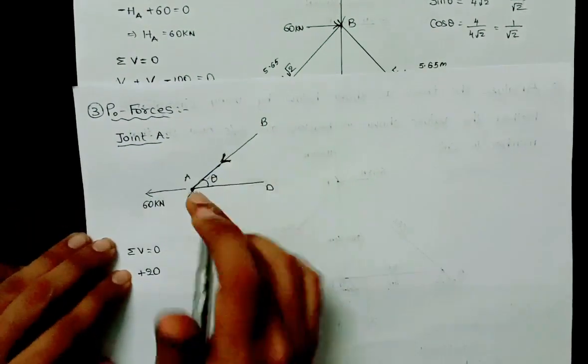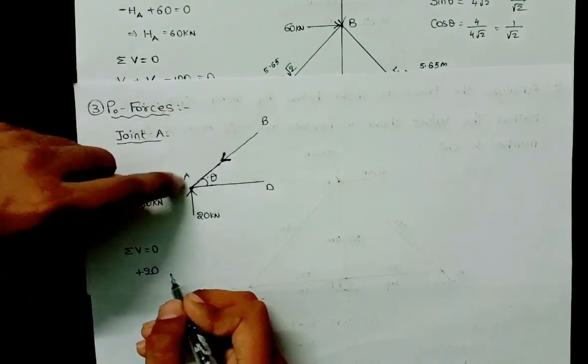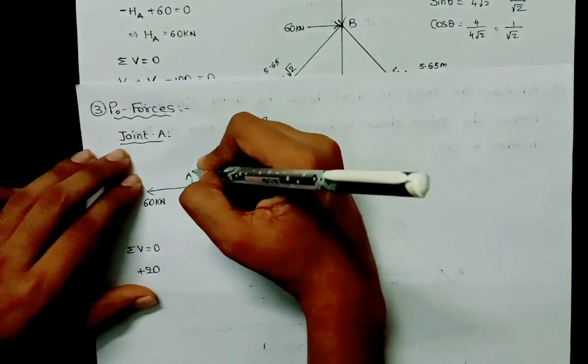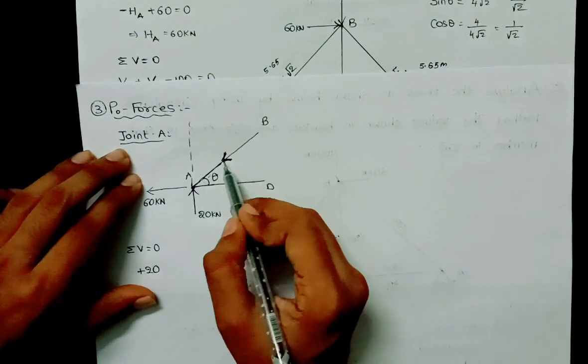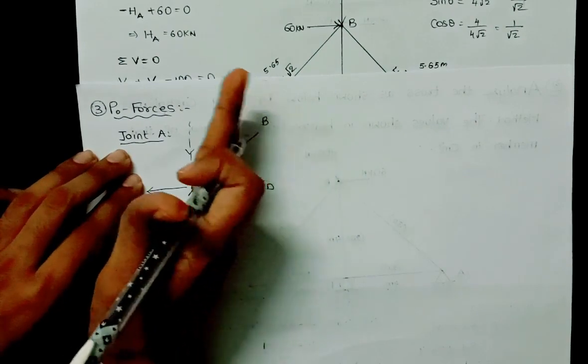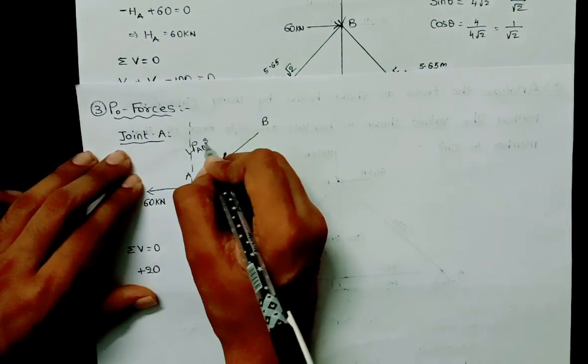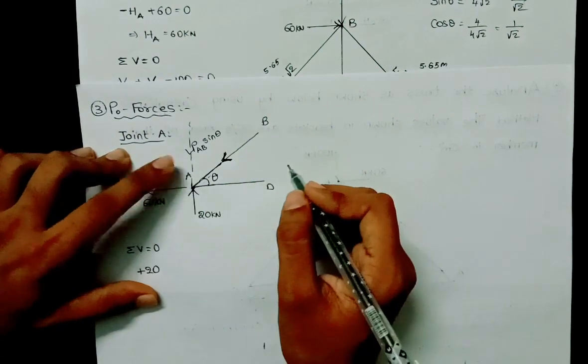So now after resolving, this is plus 20 and this is coming in downward direction, so I should resolve in vertical direction. After resolving this member vertically, I will get PAB sin theta. It is the sin component.